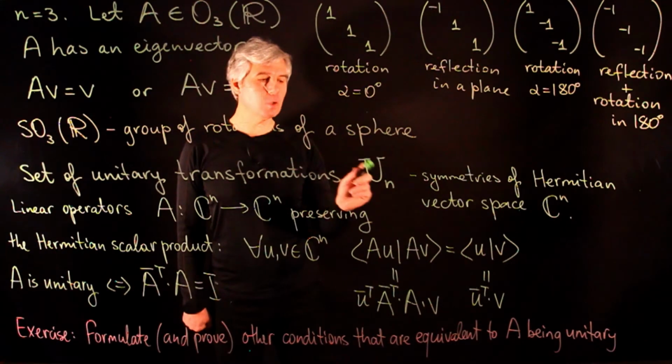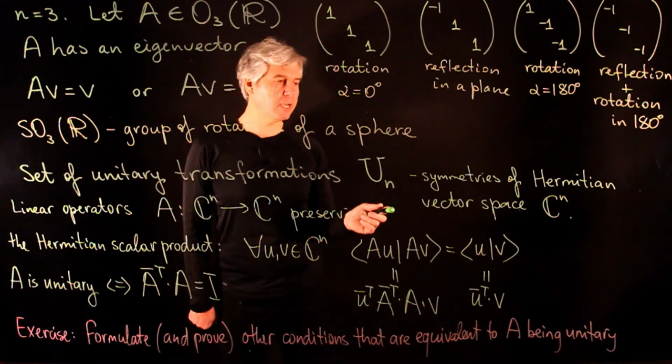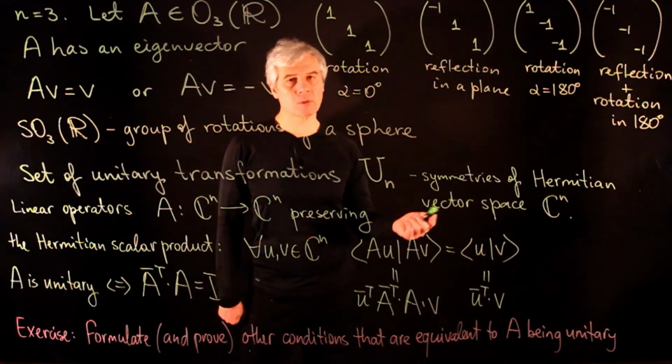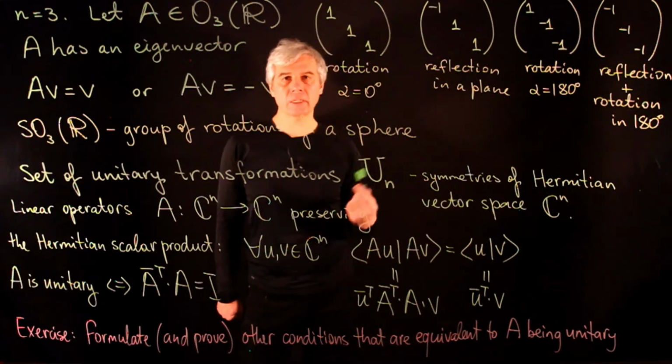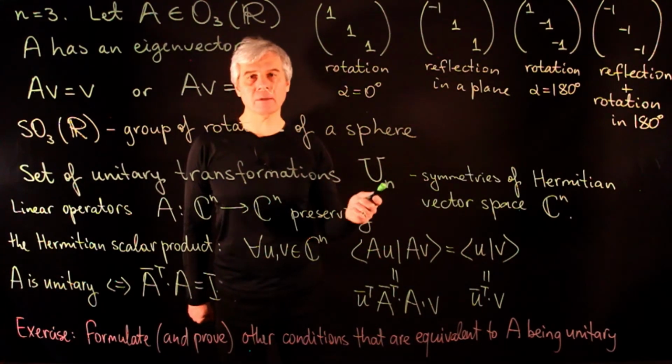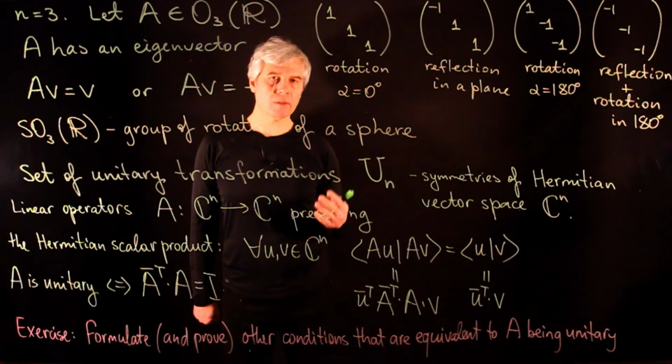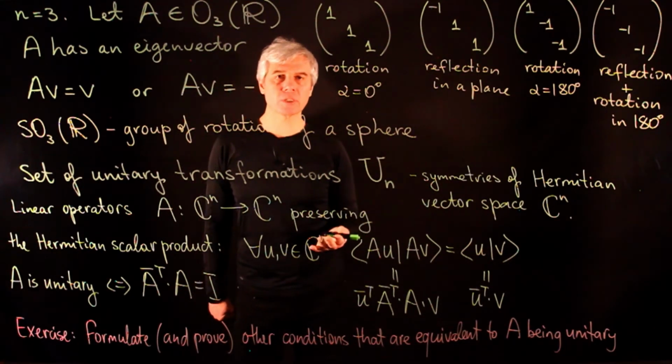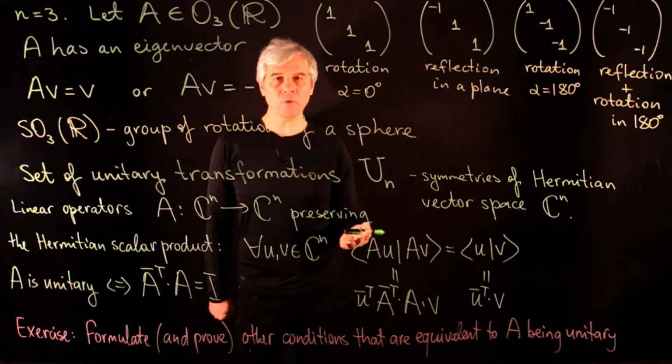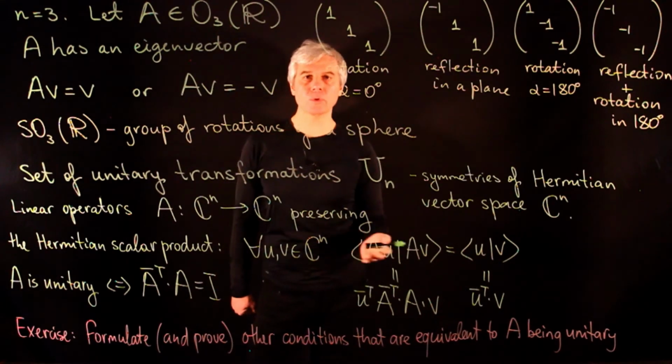Since the set of unitary transformations is defined as a set of symmetries of a certain structure, it automatically follows that this set forms a group, which means that the product of two unitary transformations is unitary, and the inverse of a unitary transformation is also unitary.